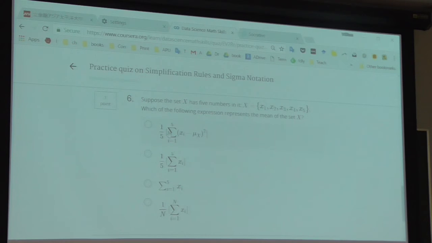It's just a square bracket. No absolute value signs are here.